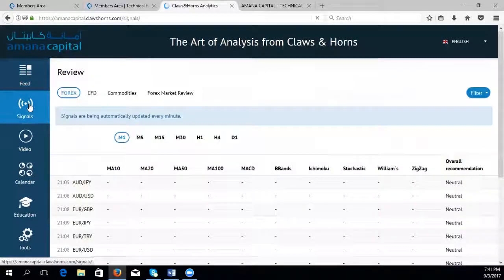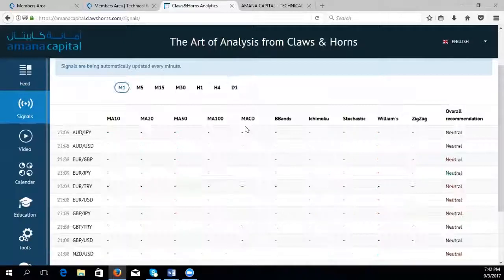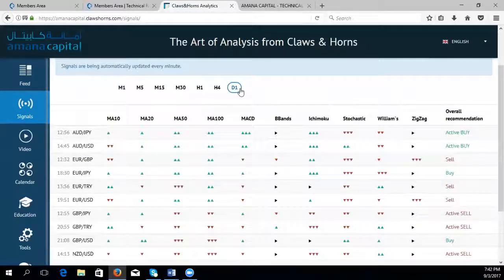Next, the signals. Those are 10 indicators, and based on the majority of indicators, they're going to place the overall recommendation. So say, for example, if I'm trading with the daily chart, if the majority of the indicators give a buy signal, then the overall recommendation would be buy.